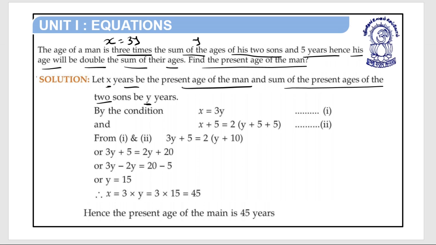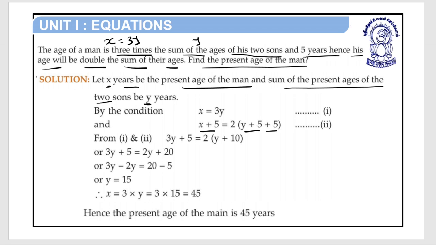And 5 years hence his age will be double the sum of their ages. After 5 years, his age is x plus 5. In the same way, the sons' age is y plus 5 plus 5, and it is equal to 2 into that.